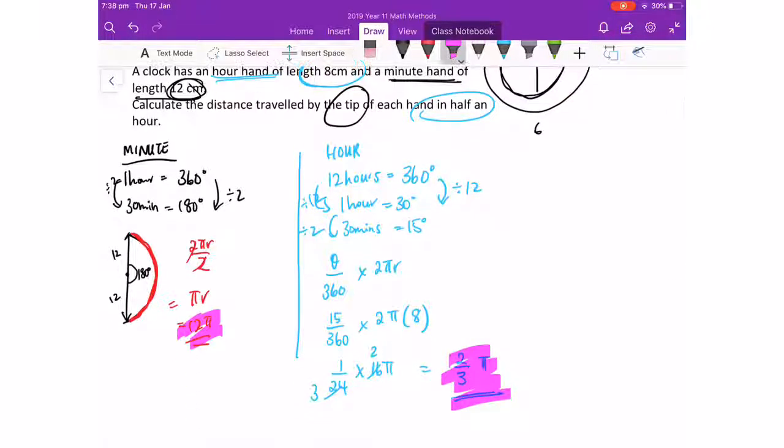Then I substituted into my formula, or just broke it down in a way where it makes sense. For the hour hand, I'm finding 15 over 360, a small fraction of how far it moved. So it only moved 15 degrees in half an hour. After that, I just broke it down and didn't put it into my calculator. I just left it in terms of pi.